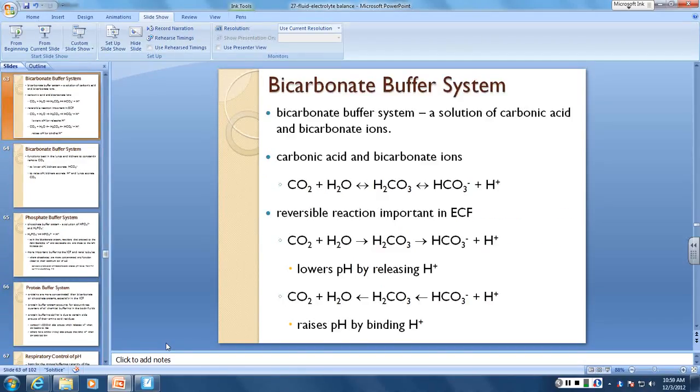At this point, you don't really need to memorize all this, but here you have a free hydrogen ion, and it's going to connect with a bicarbonate ion to make carbonic acid. As long as you're pulling that hydrogen ion out of solution, it's not going to contribute to the pH.